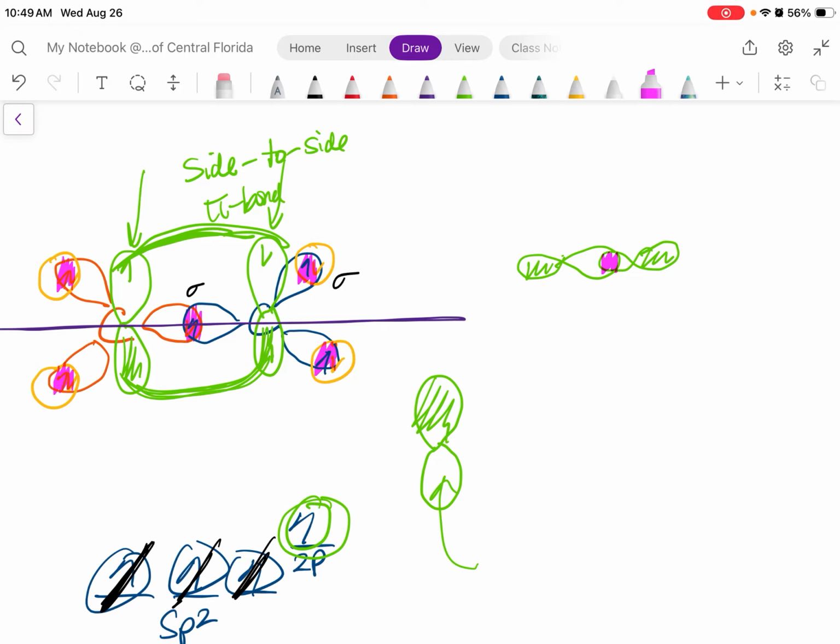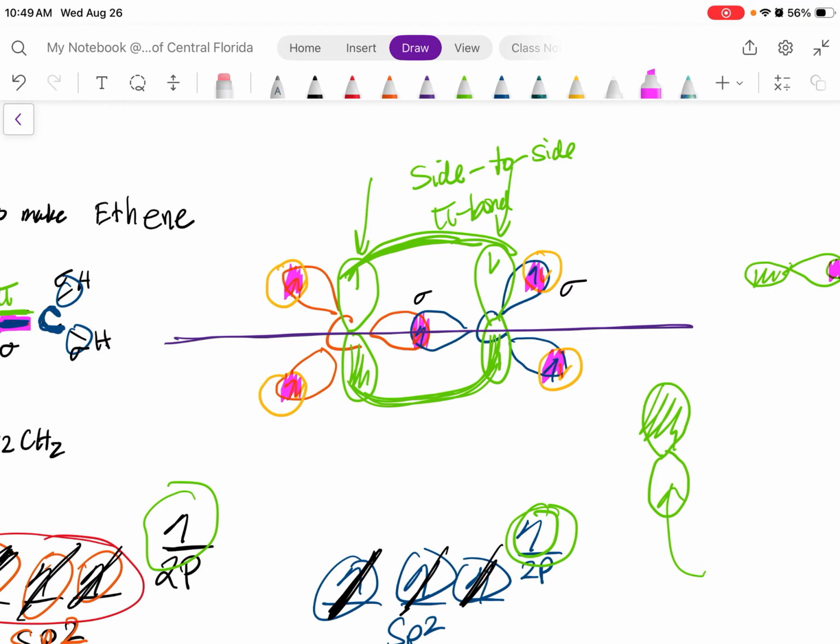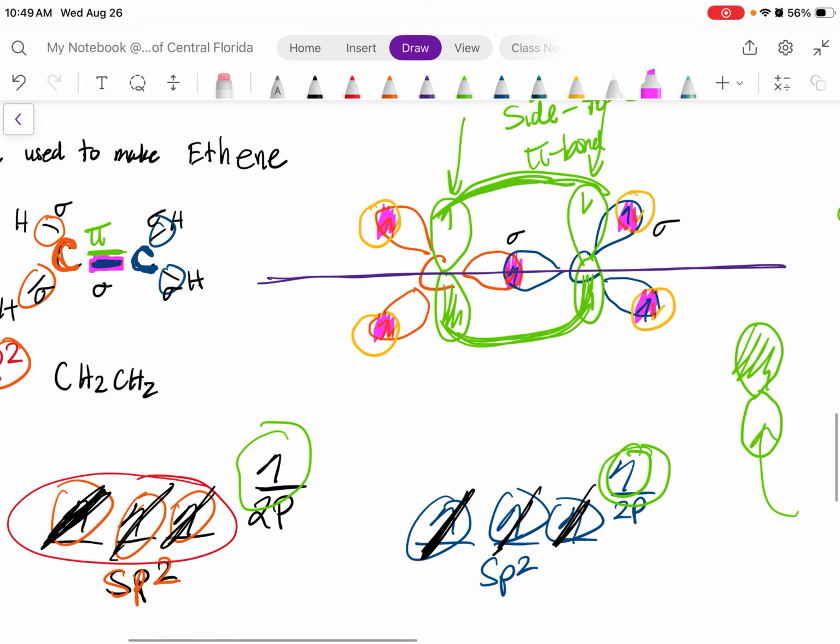That would be head-to-head. Well, that's not what you see in our ethene molecule here. It's side to side. And your textbook shows this interaction in a different way, or they can use computer models to make it look a little bit more intuitive, I think. But being able to draw it yourself is super important.